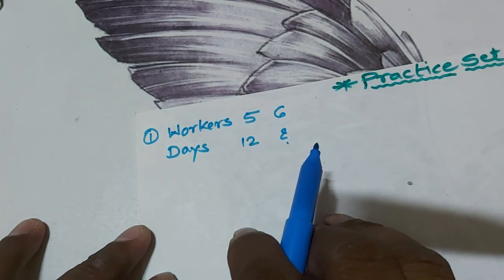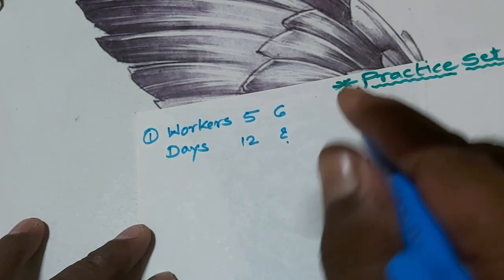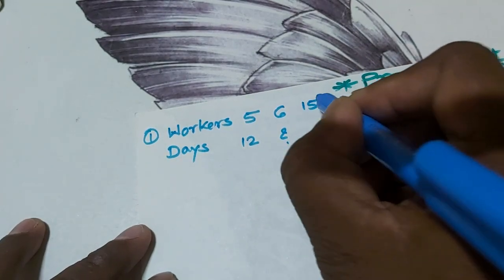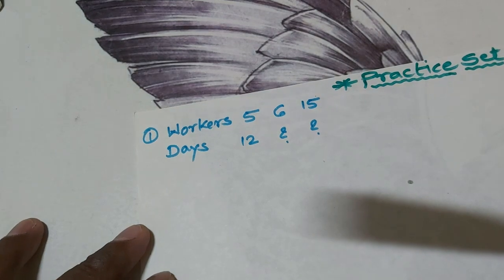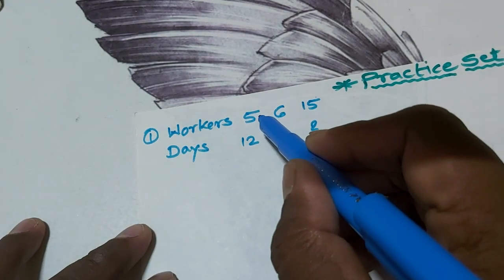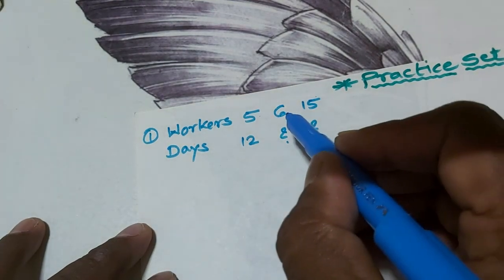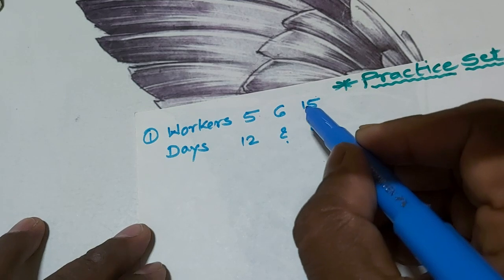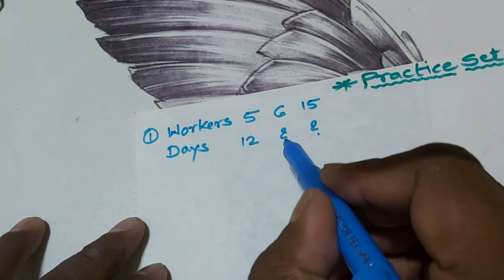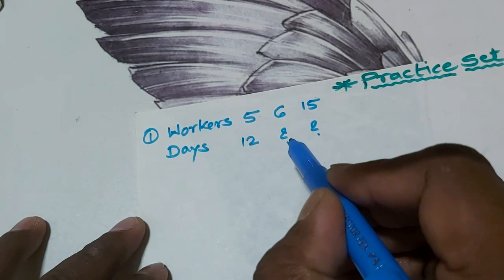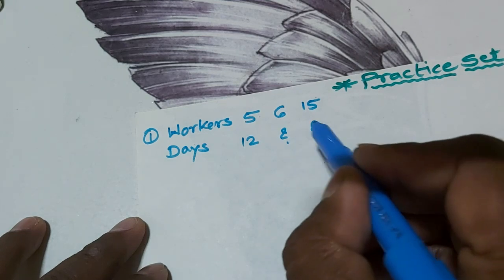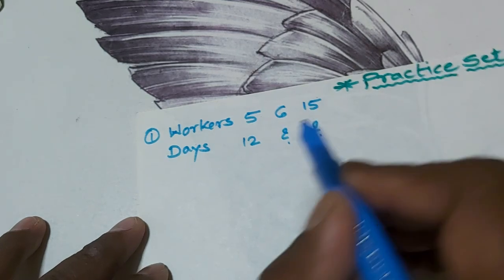And 15 workers, that also we have to find. The only given thing is 5 workers and 12 days, so we have to find for 6 workers and 15 workers. We have to consider an alphabet for the 6 and 15, because we have to find the value.